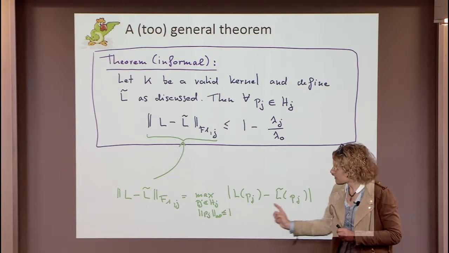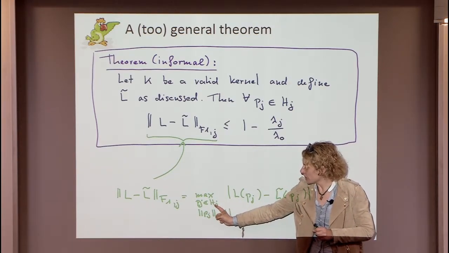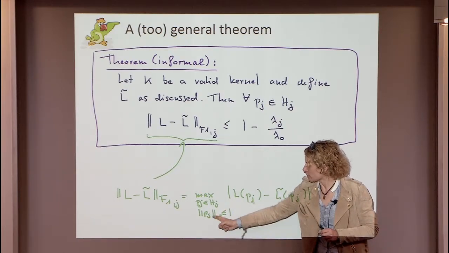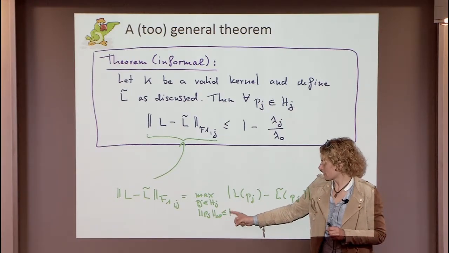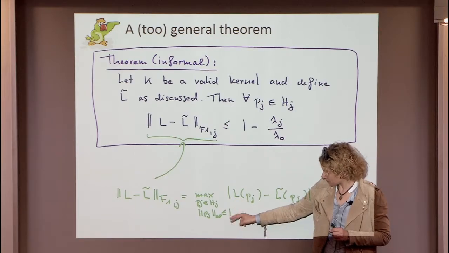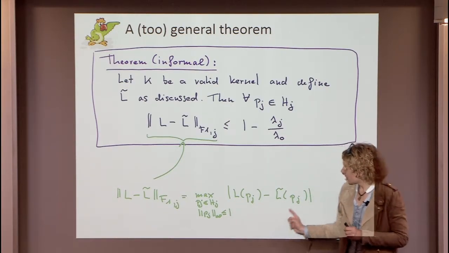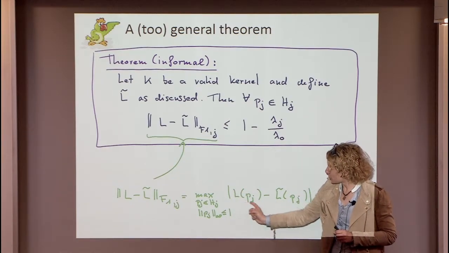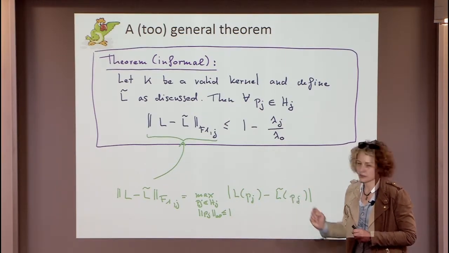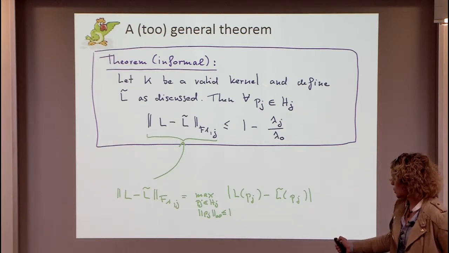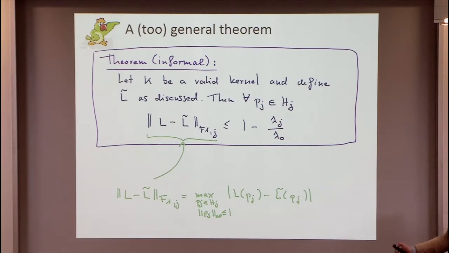Basically, we are maximizing over all polynomials of degree j which are normalized, so the maximum of the absolute value is at most 1. And I'm looking at the difference between the original SDP solution and this approximation. In fact, what we can show is this general statement that holds for all such P.